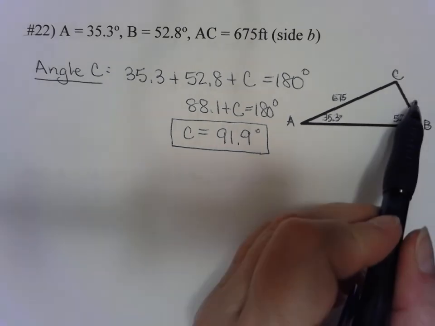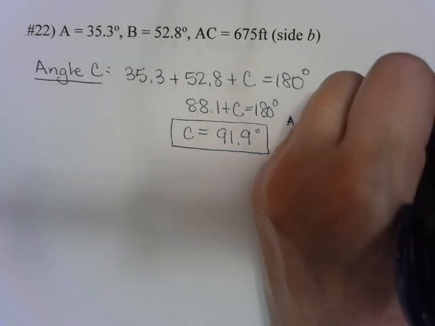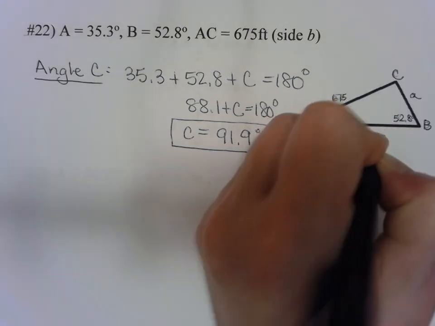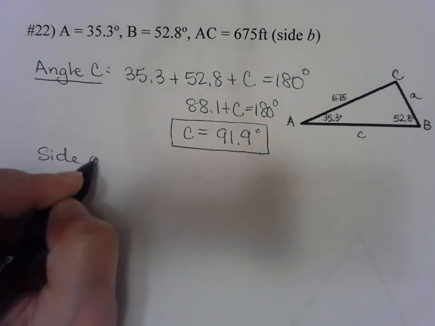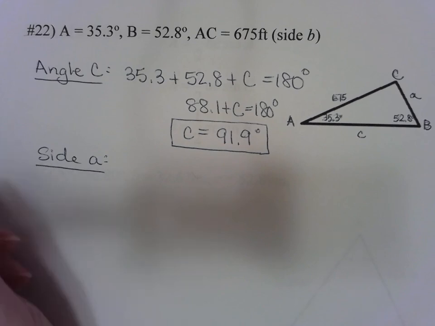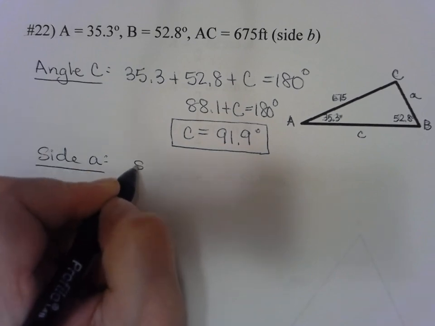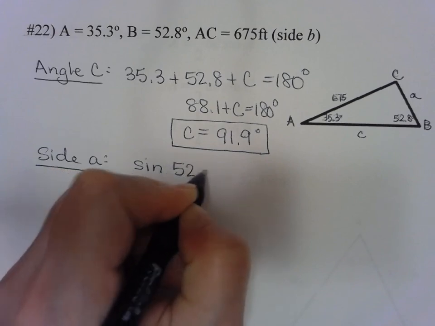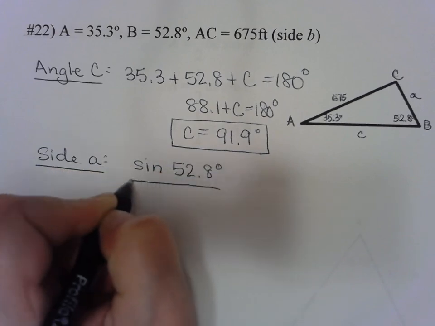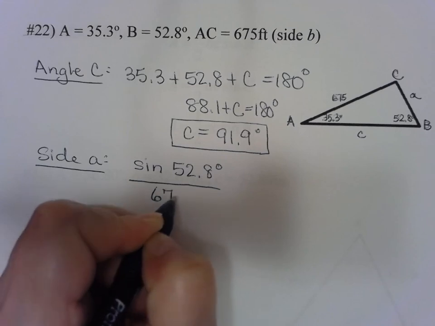Okay, why don't we try to find side A next? We could label these if we want. So we'll use the law of sines. We already have angle B. So we'll do the sine of angle B, which is 52.8 degrees, over the 675.